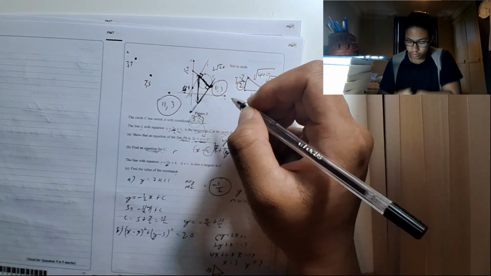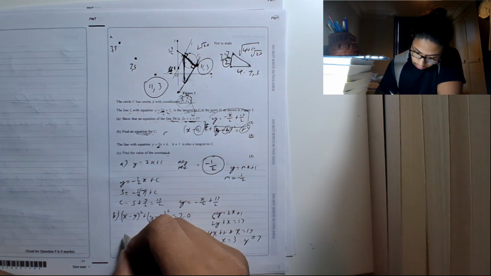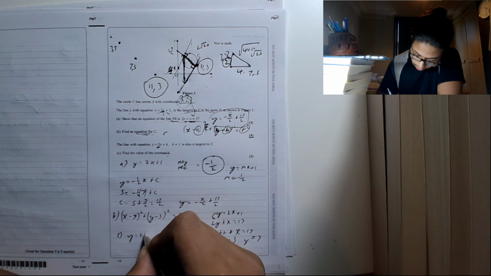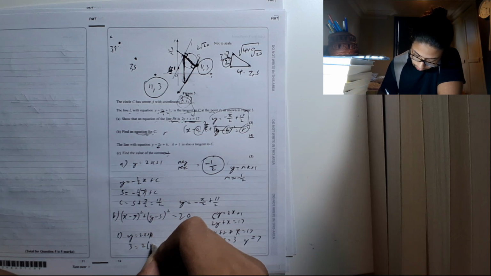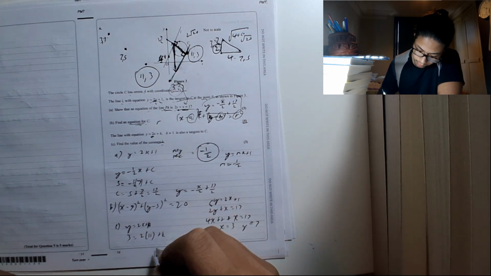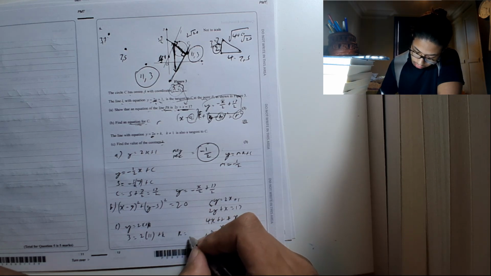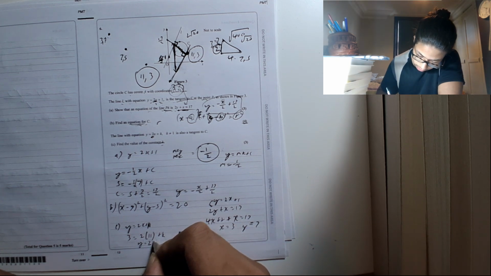Then you can just sub into this line, y equals 2x plus k. Sub in your 3 equals 2 times 11 plus k. Rearrange and you get k equals minus 19.